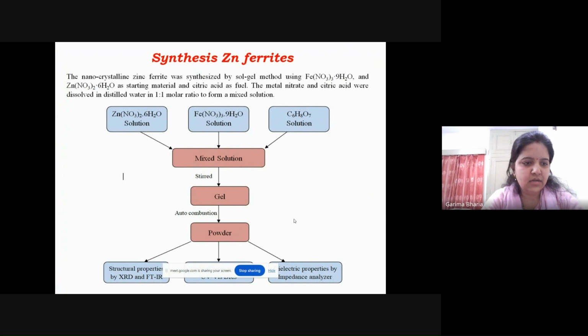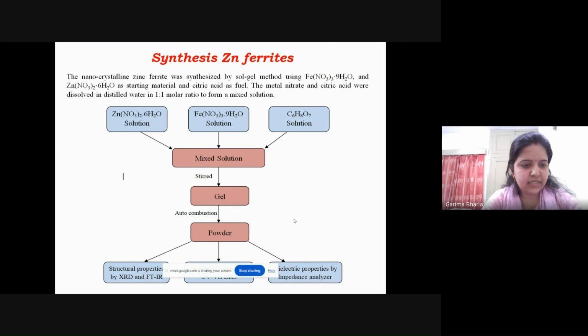Synthesized zinc ferrite. The nanocrystalline zinc ferrite was synthesized by sol gel method using iron and zinc nitrate as starting material and citric acid as fuel. This figure shows the synthesis process followed by the characterization techniques used.